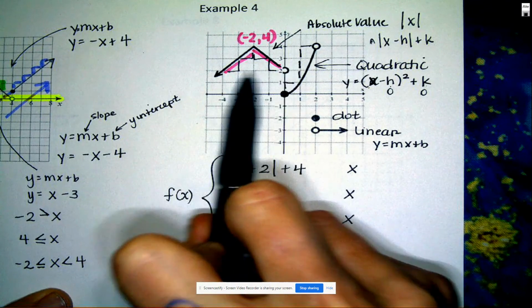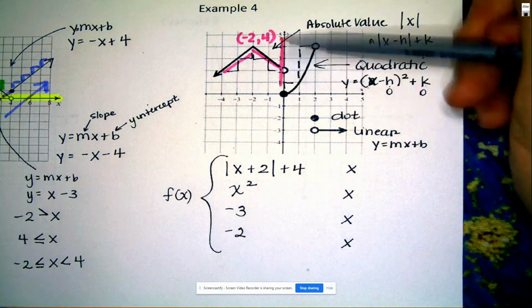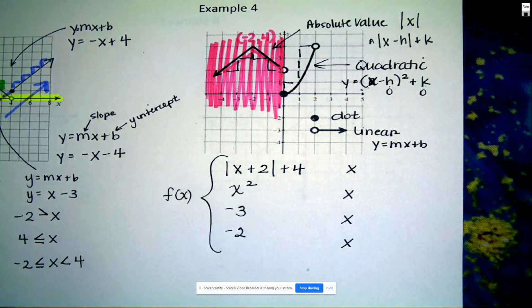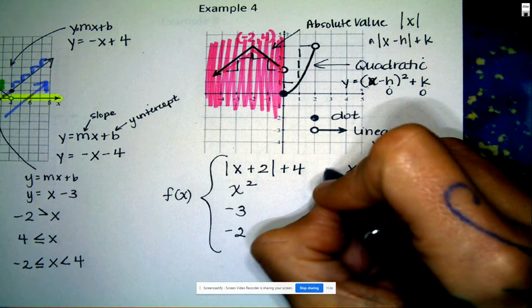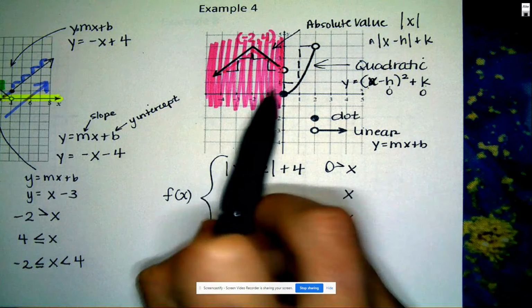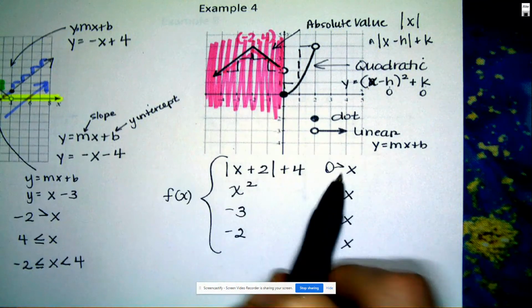Everything from the left. So one way I've taught this before is if we were coloring in the domains. So everything that direction, because that's an arrow on the end, is absolute value. So from 0, all the values when x is less than 0 is part of this function. It's an open circle, so we're not going to put an equal to there.